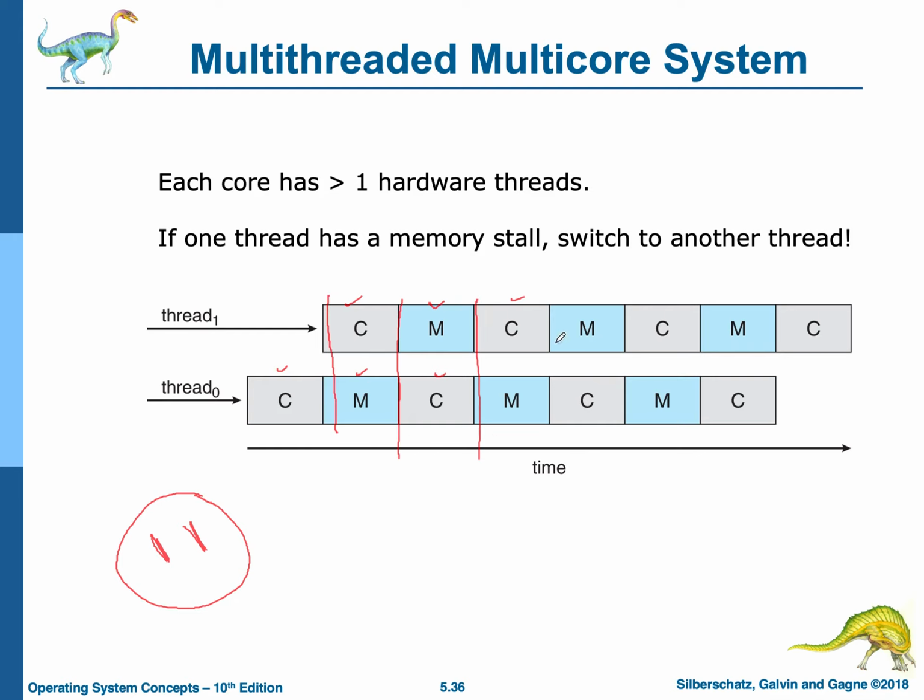Now this idle time is being utilized by this thread, and similarly this idle time is utilized by the other. So we have to utilize the idle time, and that's why multi-threading technology was introduced in the latest processors. If you see, the i7, i3 or i5 processors are multi-threaded. Microsoft and Intel also call it hyper-threading, right?